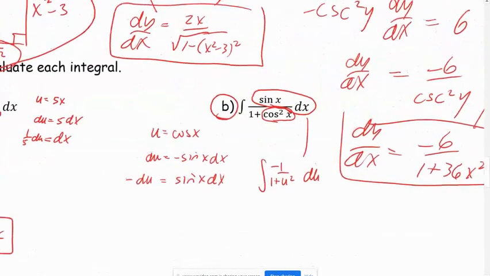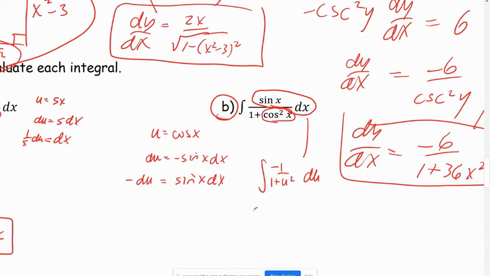As I have it written, we could say it is inverse cotangent of u plus c, which would be inverse cotangent of cosine x plus c.